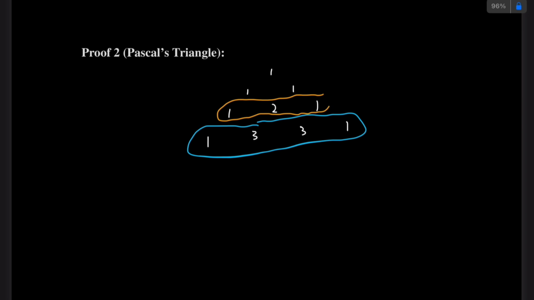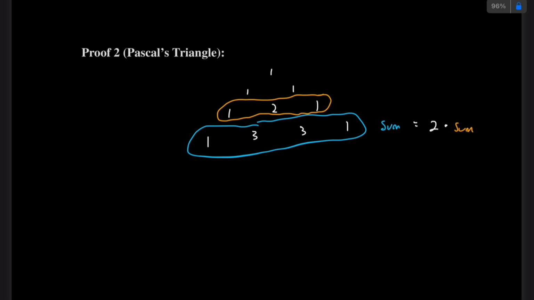I ask about the sum of this row. Say the sum here should be equal to twice the sum above it, right? If we can show this, then we would have proven the proposition.